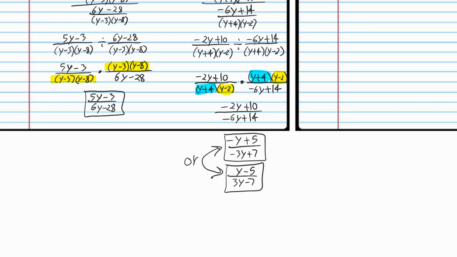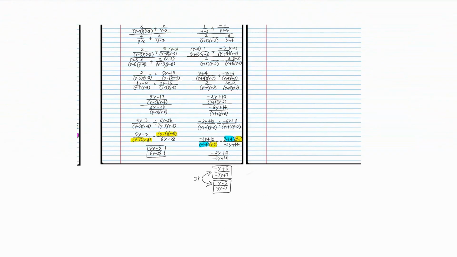Again, they just use the fundamental principle of fractions to multiply both sides of this fraction by negative 1, and that changed all the signs. So either answer would be correct. Let me just double check all that. Everything looks good. All right, so if you got those answers, or one of those answers, good job.